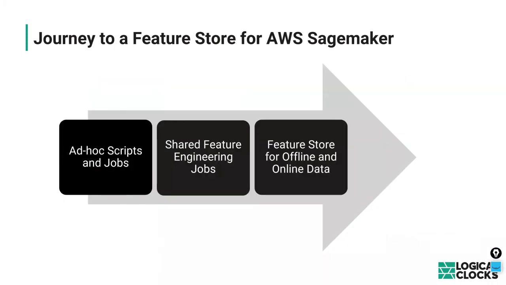But what we're going to talk about today is how you as a SageMaker user go from maybe what you're currently doing, which is you're writing ad hoc scripts and jobs for creating training data sets or feature engineering, and then how you move from there to sharing feature engineering jobs. And ultimately, if you go to a feature store, to have not just the sharing of feature engineering jobs and the sharing of features, but a managed environment for both online and offline data.